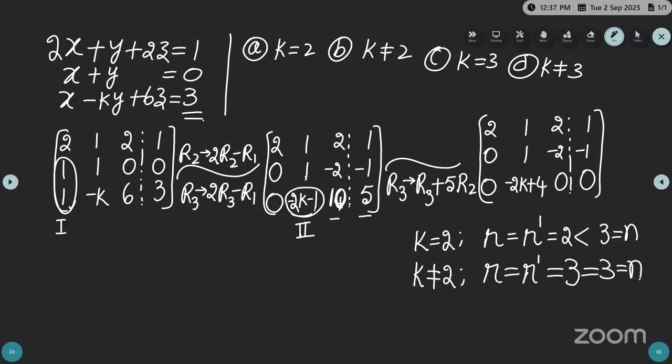So there exists a unique solution. Unique solution.